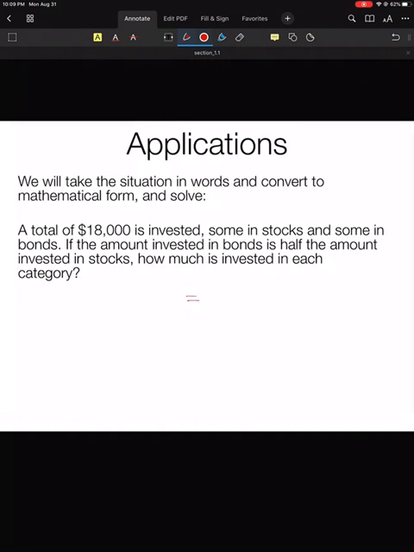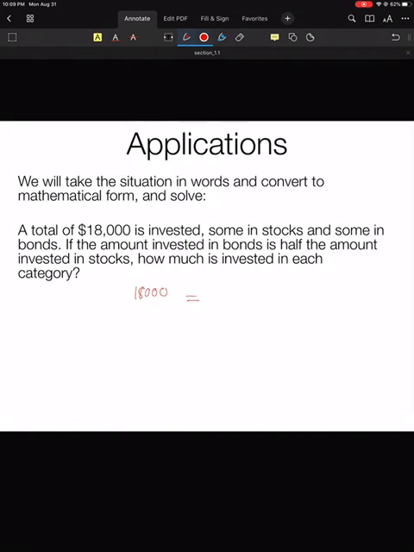That's going to be our x value, the variable that we don't know. But I do know how much is total, and so I'm going to put 18,000 on the left side.